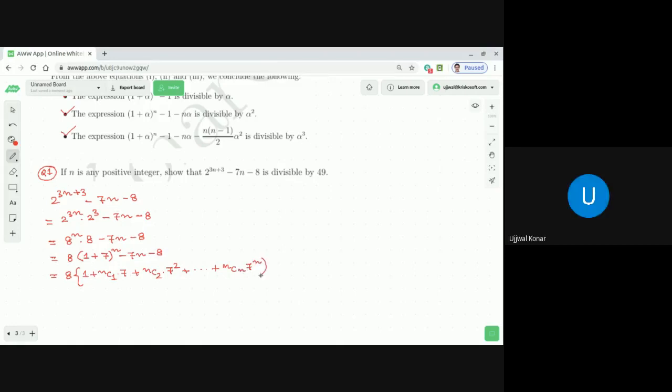Correct, no, dear students? So the first bracket is self-sufficient. Unnecessarily, we should not give a second bracket. First bracket, okay? Minus 7n minus 8, correct?